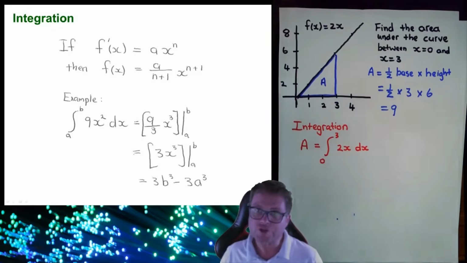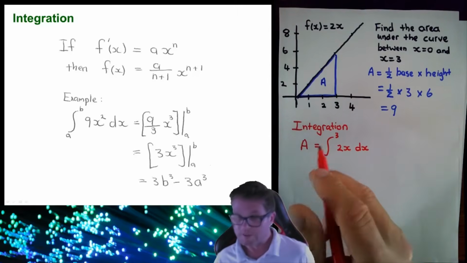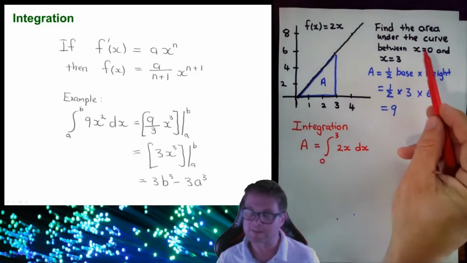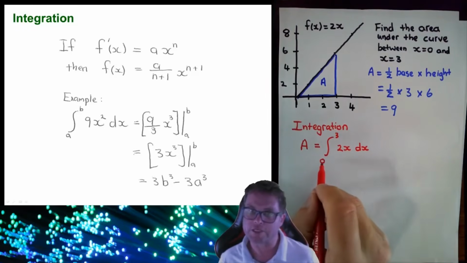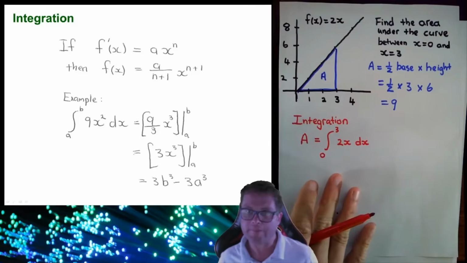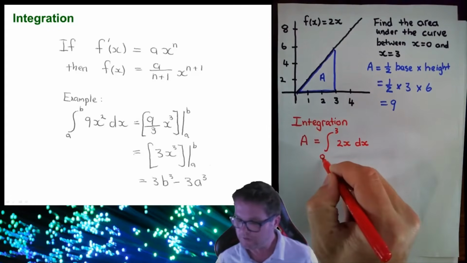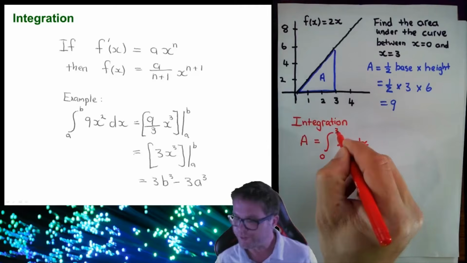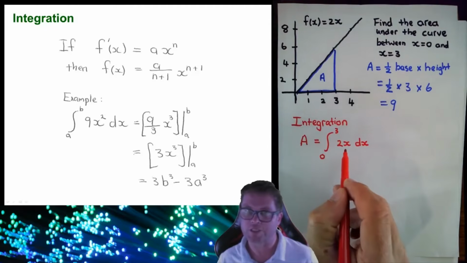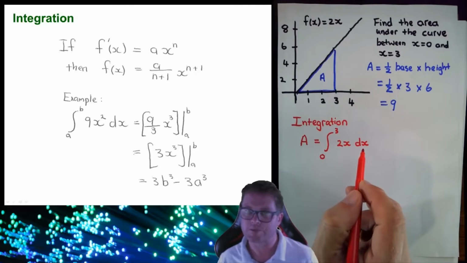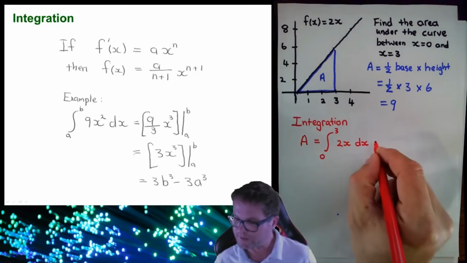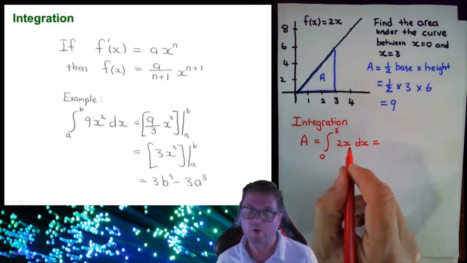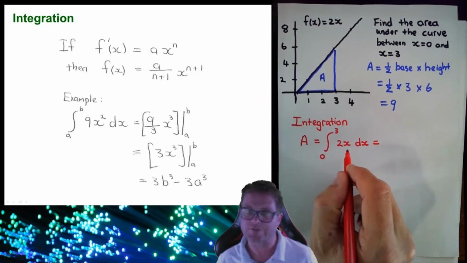Now let's try to use our integration tool and see if we can get the same answer. Here we've written this question in words. We've written it in integration formula. The area is equal to the integral from 0 to 3 of the function 2x in terms of dx. If we perform this integration, what we're integrating is 2x, right?